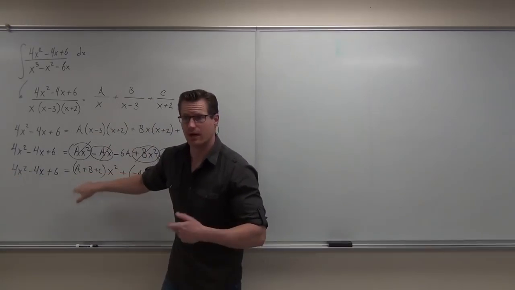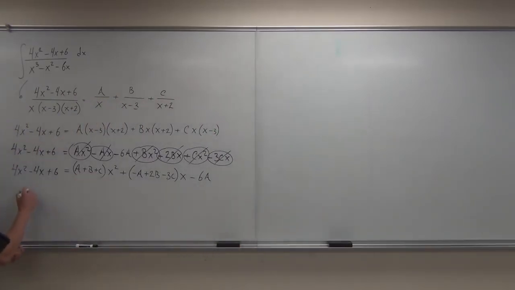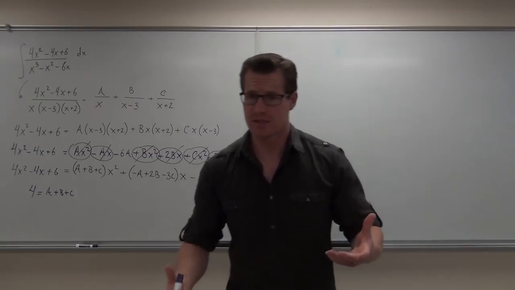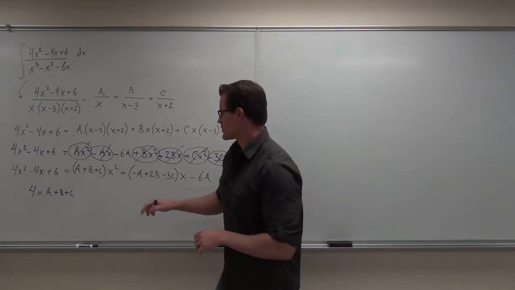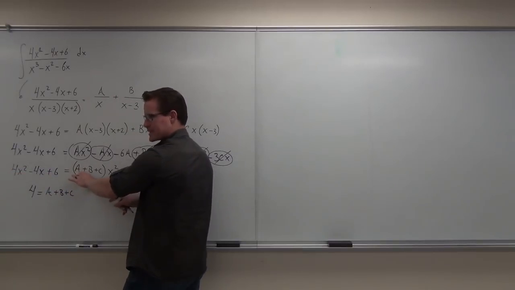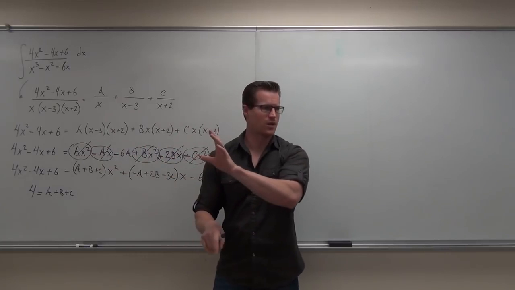So we know that 4 equals a plus b plus c. That has to be the case. That's why we organize our x squareds and our x's and our constants, so that we can make this jump. So we go, hey, here's an x squared, here's an x squared. This is 4, this has to be 4. That's the idea. Otherwise, these things will not be equal because they have no other like terms. Quick head nod if you're okay with that one.